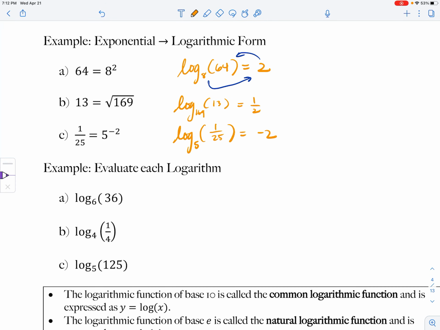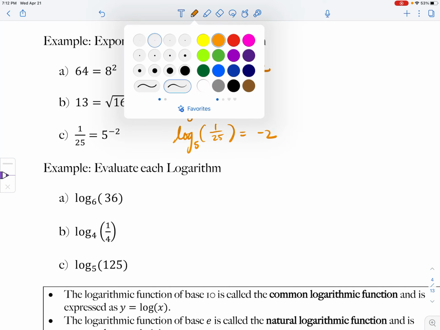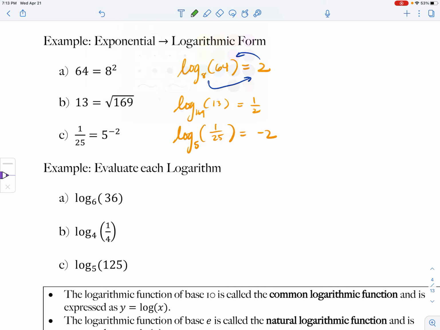And then we can think about exponential form in order to help us with evaluating logarithms. That's kind of how I think of it. You don't have to. But when I want to find the log base 6 of 36, I'm thinking, okay, well, 6 to what power would be equal to 36?